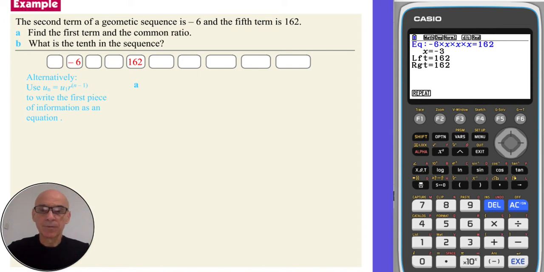Another way of finding the first term and the common ratio is to use the fact that the second term is negative 6 to write an equation using the formula for the nth term as given in your formula booklet, replacing n with 2 and un or u2 with negative 6 as shown.